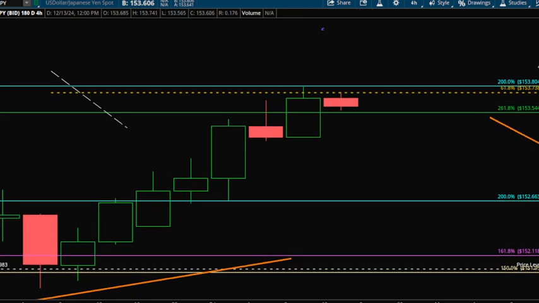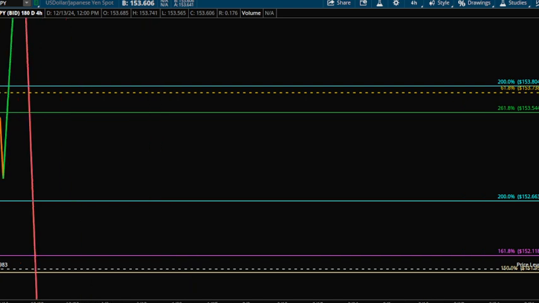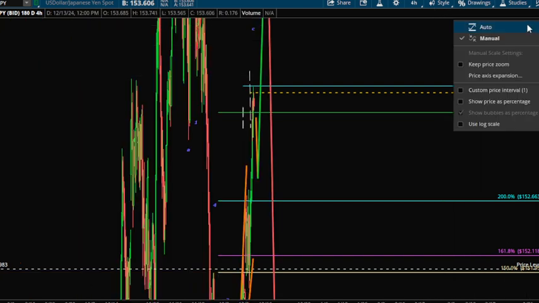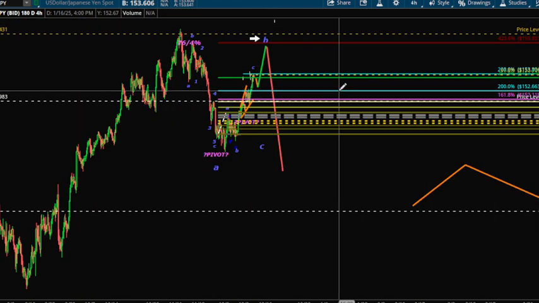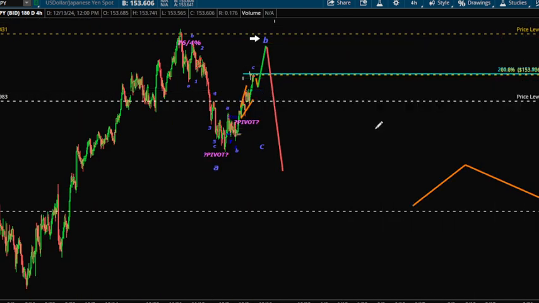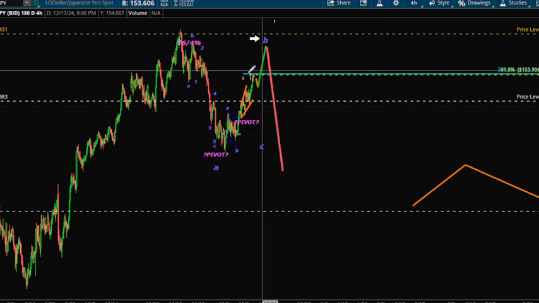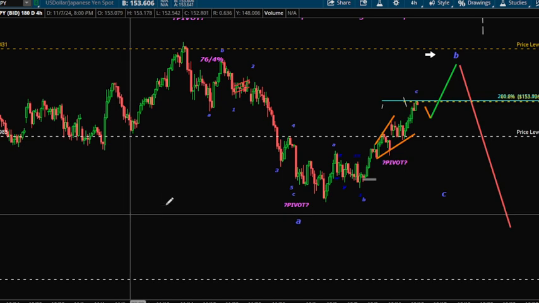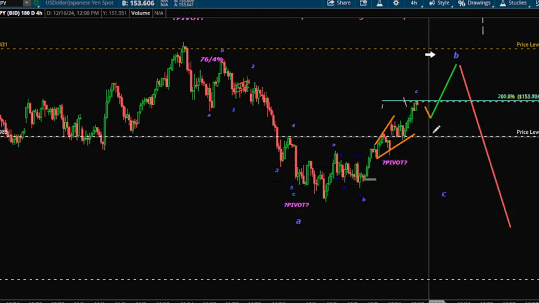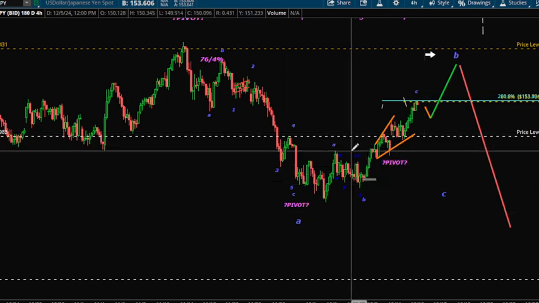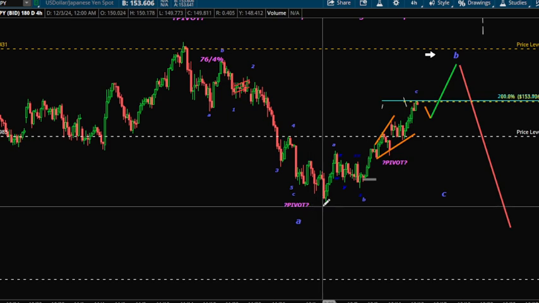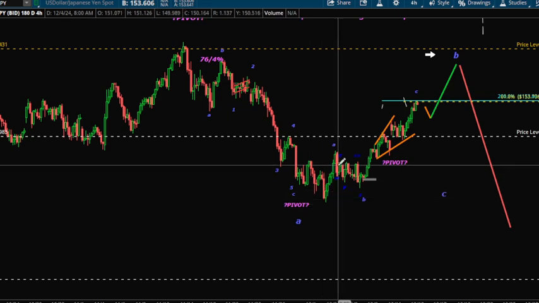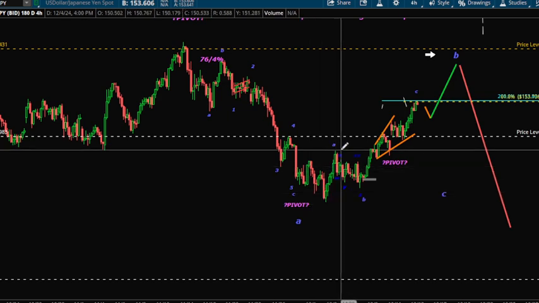Okay. Start over real quick. Not liking that for a second. I got a 200 fib right there, and I can't remember how I got it. Well, let's just measure this B leg here.